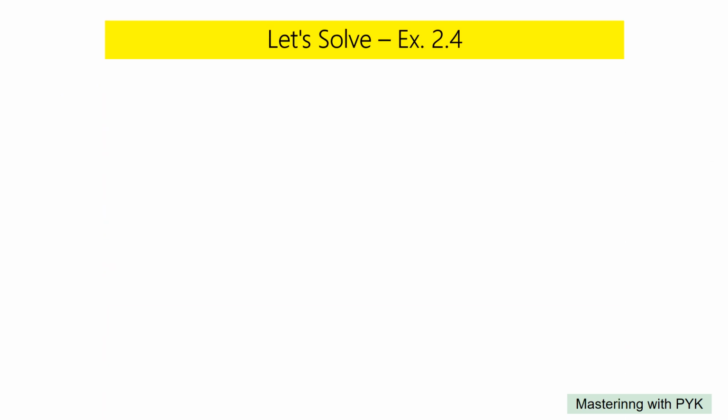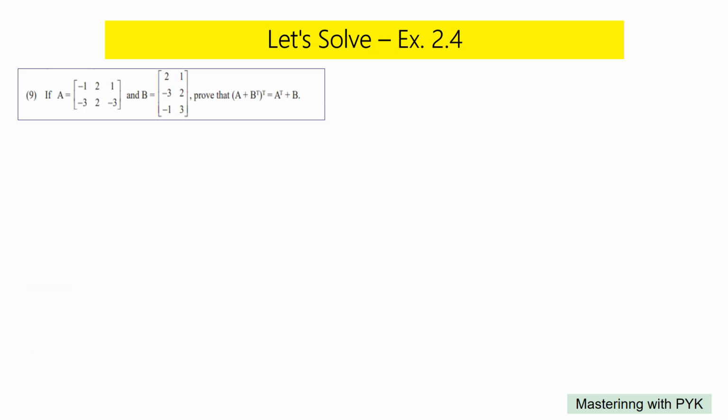So let's go to the next question, question number 9. We have been given two matrices A and B, and we have to prove that the transpose of A plus B is equal to A transpose plus B transpose, right?